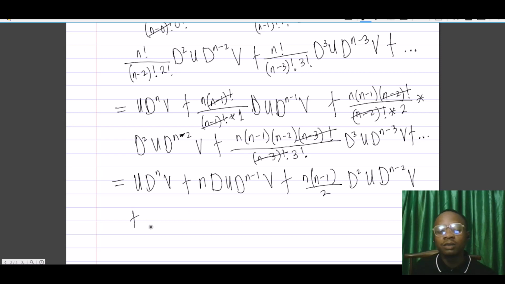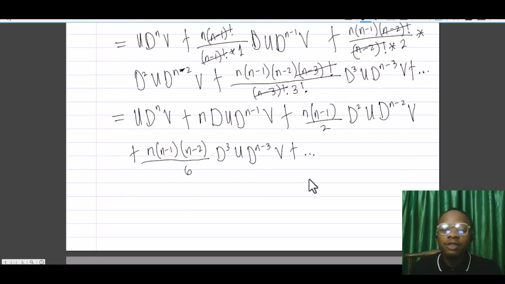So basically we're going to have n into n minus 1 into n minus 2 divided by 6, then the third derivative of u, then the (n minus 3)th derivative of v, plus and so on and so forth. So that is how this works.